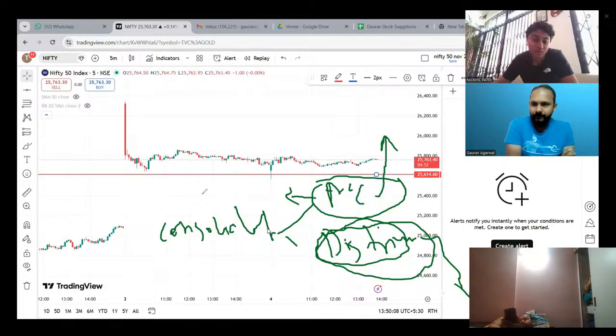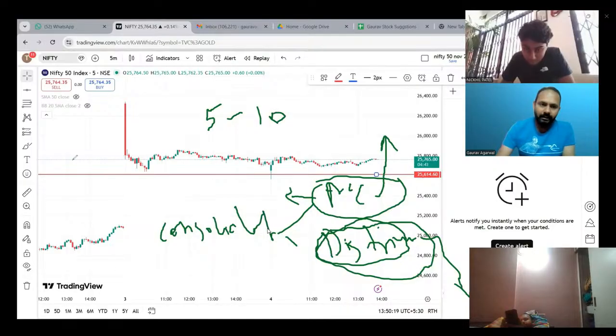Volatility means the prices are moving quite quickly. Let's say the volatility index is 10. That means the stock price can move in multiples of 10 very fast.